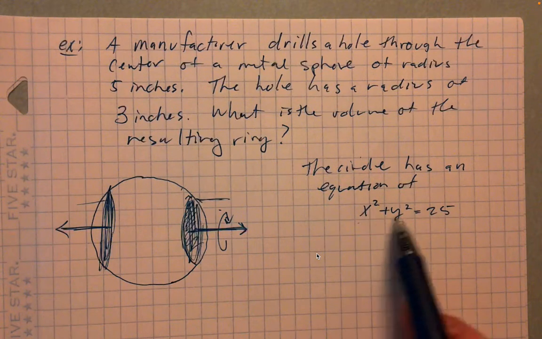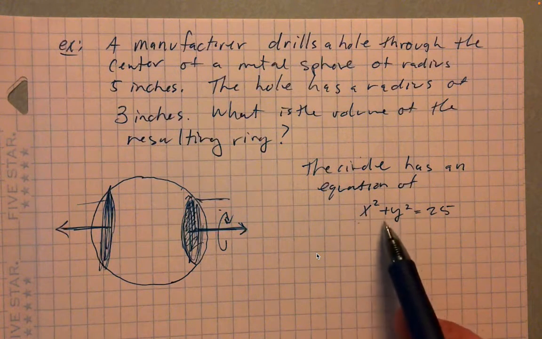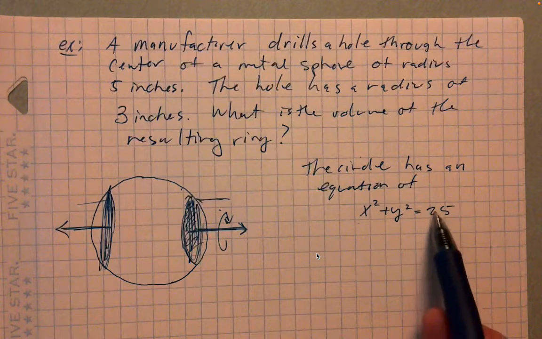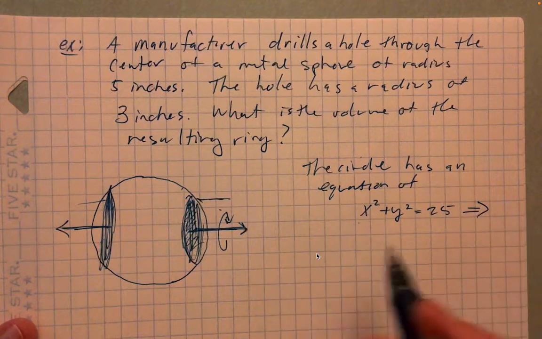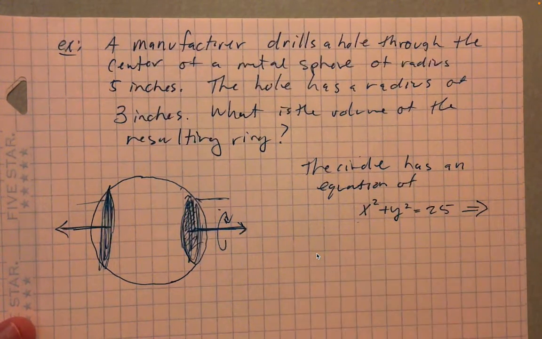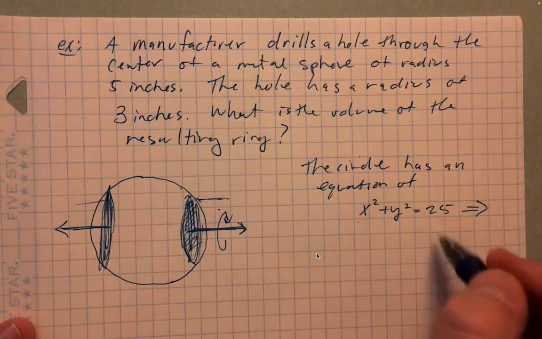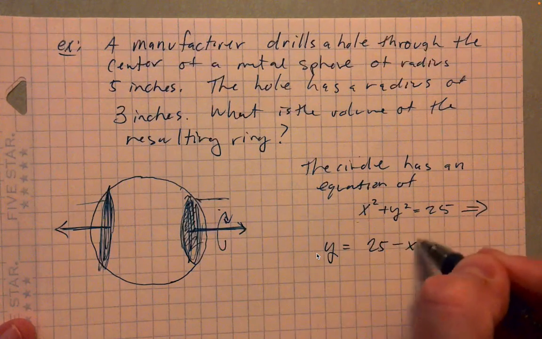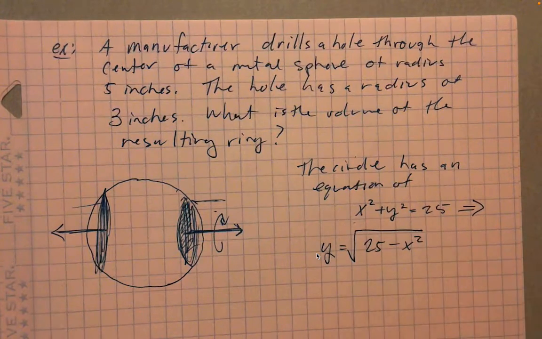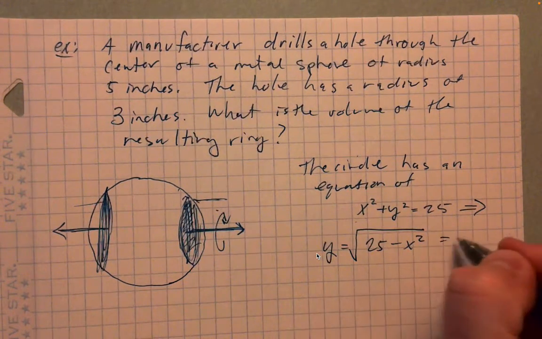So x squared plus y squared tells you it's centered at the origin, and then the 5 squared equals 25 tells you the radius. Okay, and so given this, we can back into a function, y as a function of x. We can say y is equal to the square root of 25 minus x squared. Okay, so this is going to be our outer radius.